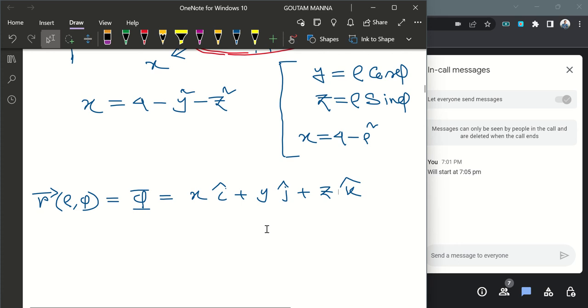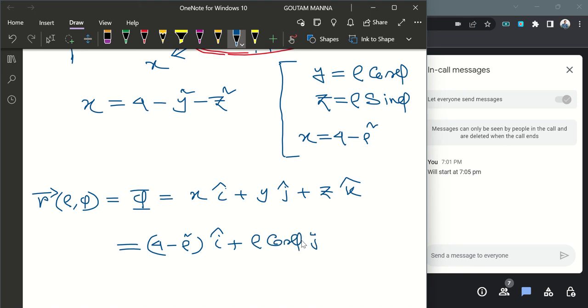This radius vector gives any point on this paraboloid. So it will be (4 minus rho square) i hat plus (y is rho cos phi) j hat plus (z is rho sin phi) k hat.